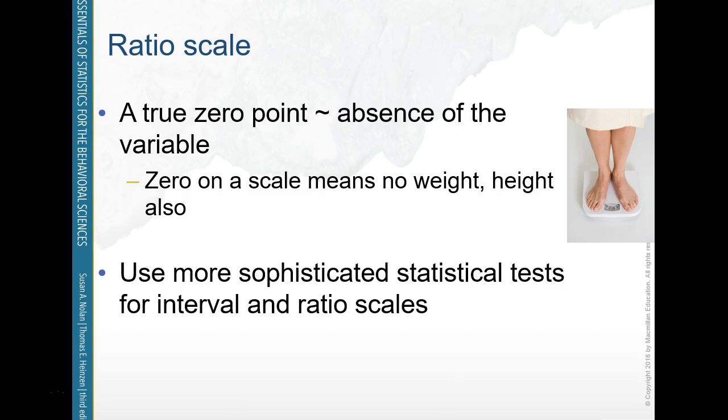A lot of our psychological tests, things like depression, IQ and anxiety tests, we consider to be on an interval scale. If you were to get a 0 on an IQ test, we wouldn't necessarily consider that to be the absence of IQ. We would just consider that to be a very low score, since we can't measure any lower than that because we are limited in the types of testing we are able to do.